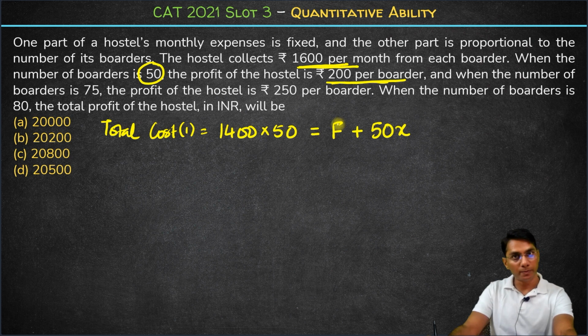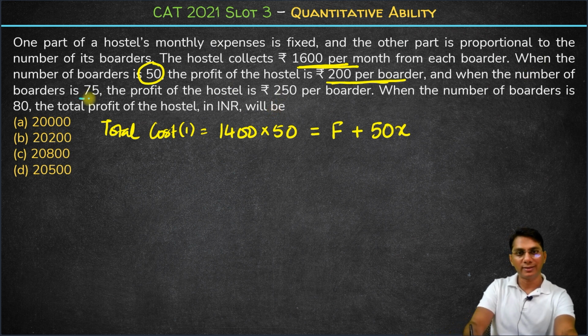F is the fixed cost per month and X is the variable cost per boarder. So this is the total cost for a month when there are 50 boarders, which is equal to 1400 into 50.